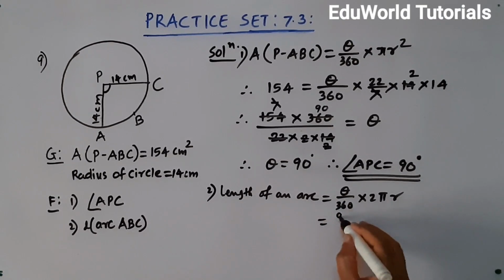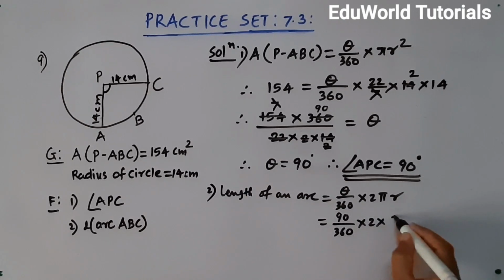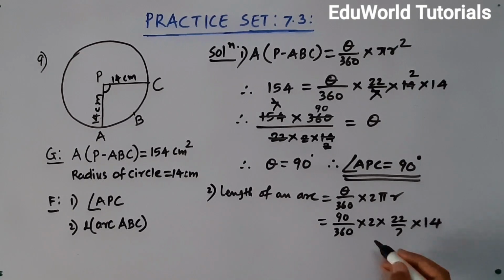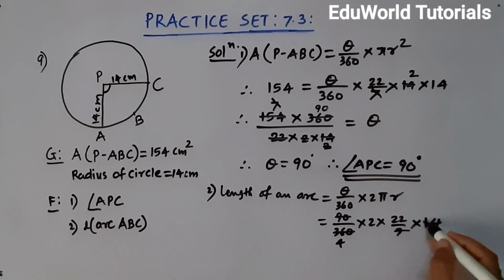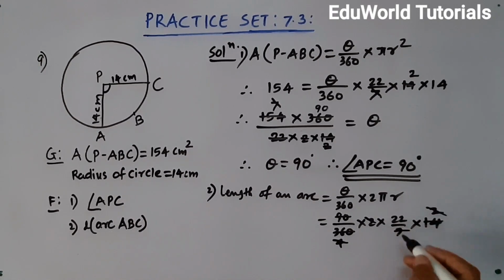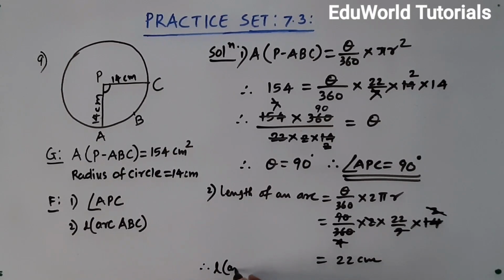Theta is 90. 90 degree upon 360 degree into 2 into value of pi is 22/7 and radius of the circle or sector is 14. Okay, 90 4s are 360, 7 2s are 14. This 4 cancels with these 2s are 4, and then finally what is left with us is 22 centimeter. Therefore, length of arc ABC we got is 22 centimeter.